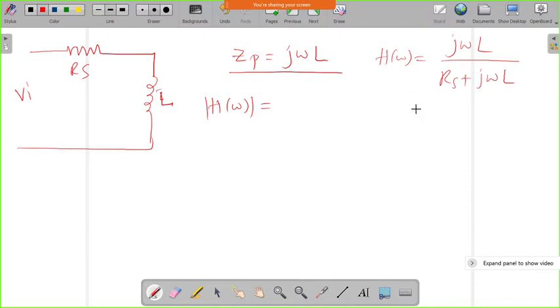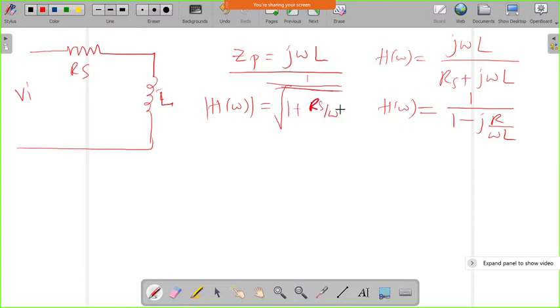Now you can simplify this: take j omega L down, so we will get 1 minus j into Rs by omega L. This we can define as h of omega, and if we take the magnitude, we will get 1 over the square root of 1 plus Rs by omega L whole square.